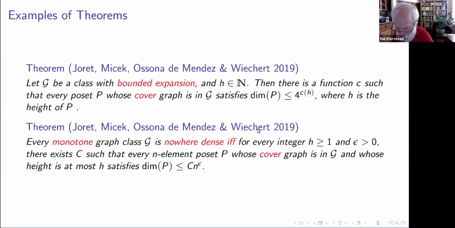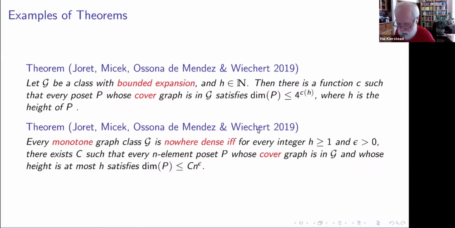So if you have a monotone class of graphs, it's nowhere dense if and only if for every integer h, and every epsilon greater than 0, there exists a constant c such that every n element poset P whose cover graph is in G and whose height is at most h satisfies the dimension is less than or equal to c times n to the epsilon.